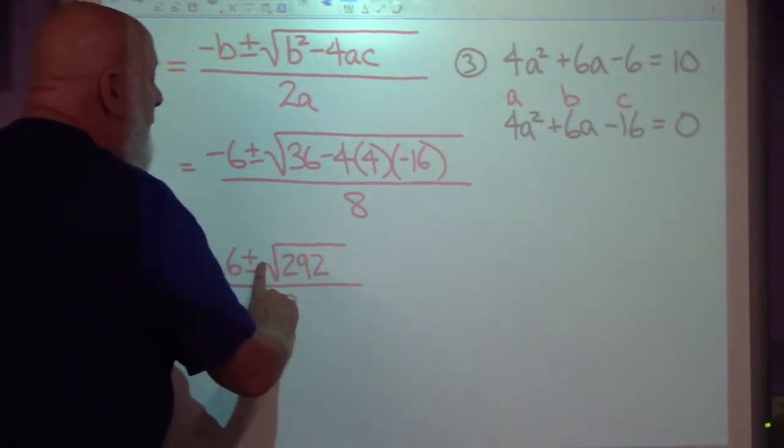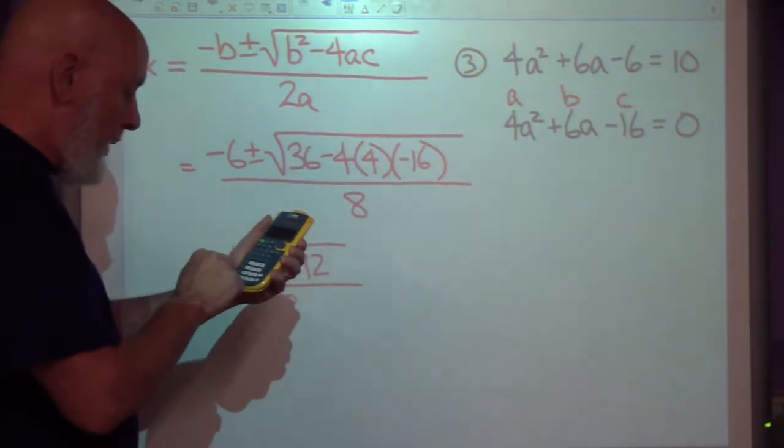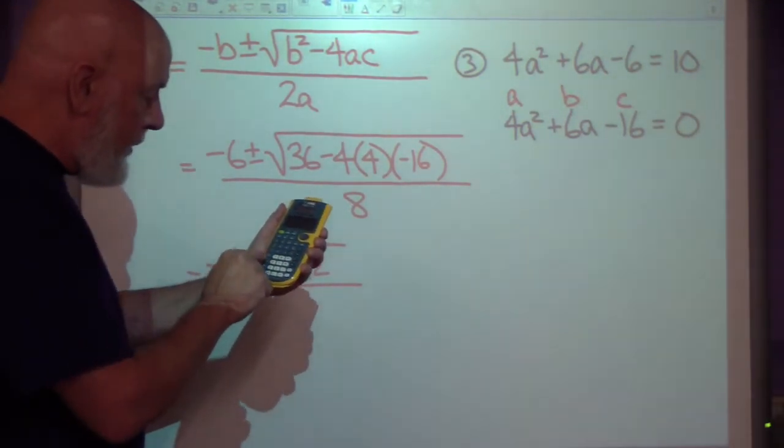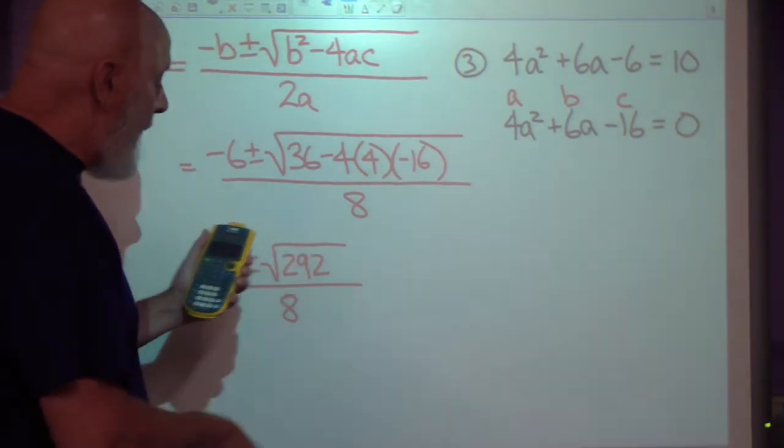Now I'm going to try to take the square root of 292 and see if it simplifies. I'm going to go second function, square root 292, enter. That's 2 radical 73.